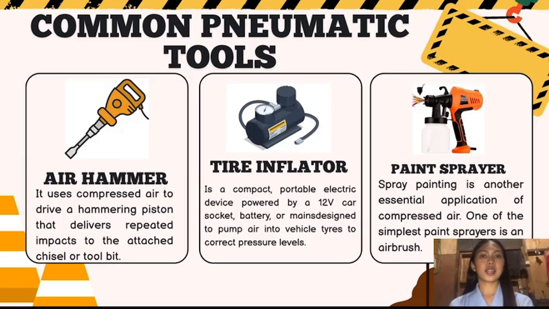Next is air hammer. It uses compressed air to drive a hammering piston that delivers repeated impacts to the attached chisel or tool bit. Next is tire inflator. It is a compact, portable electric device powered by a 12V car socket.